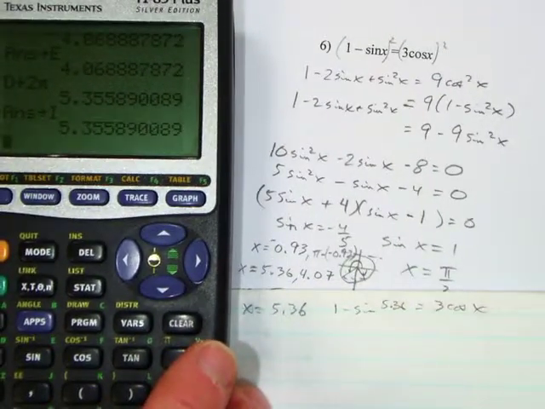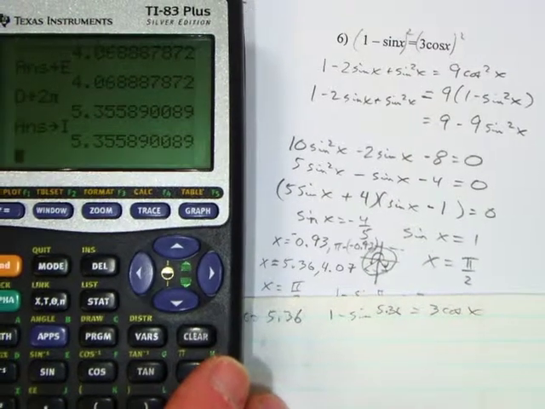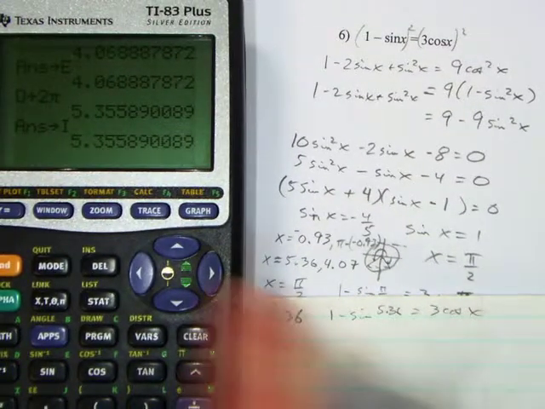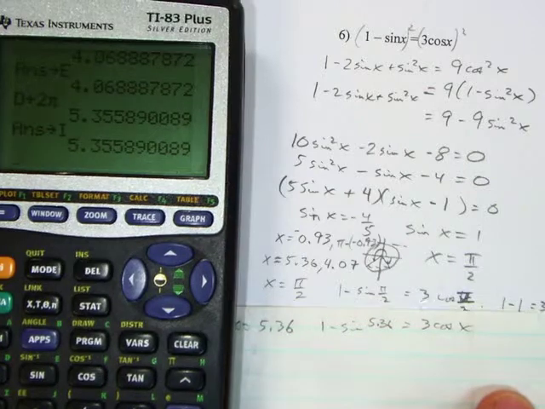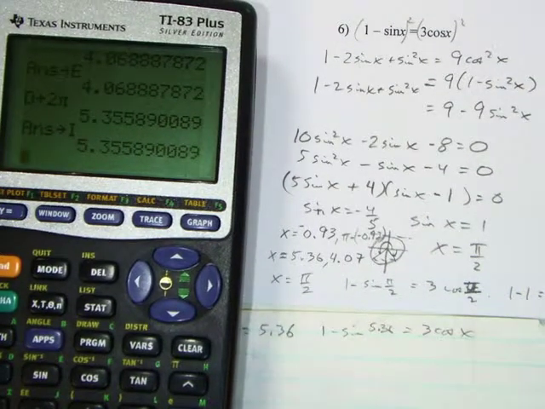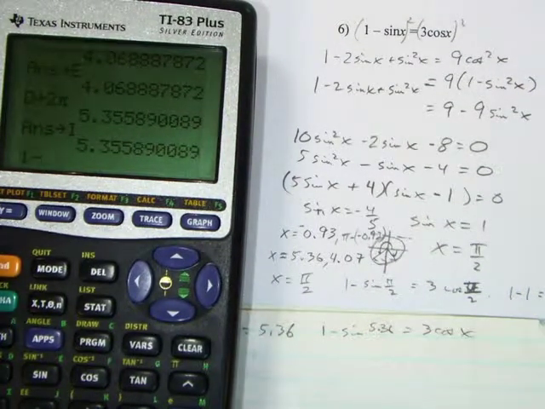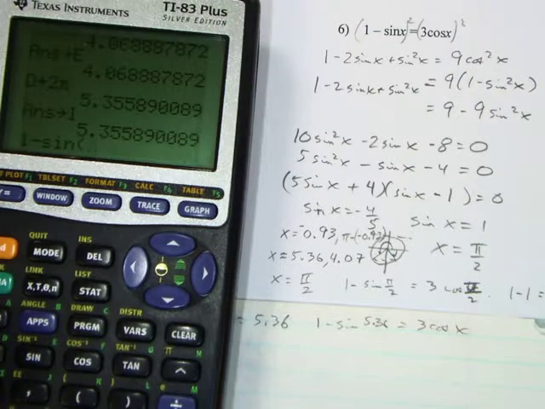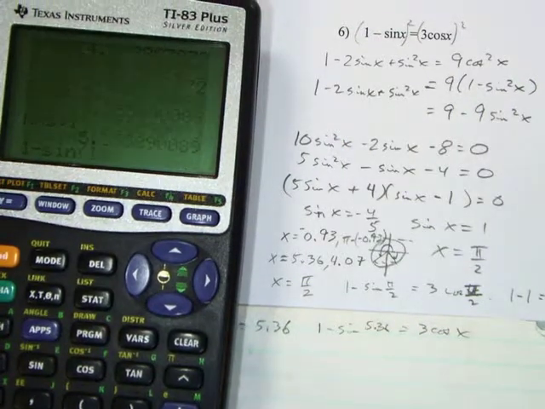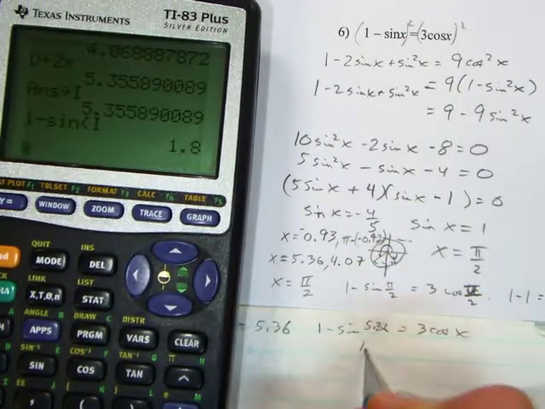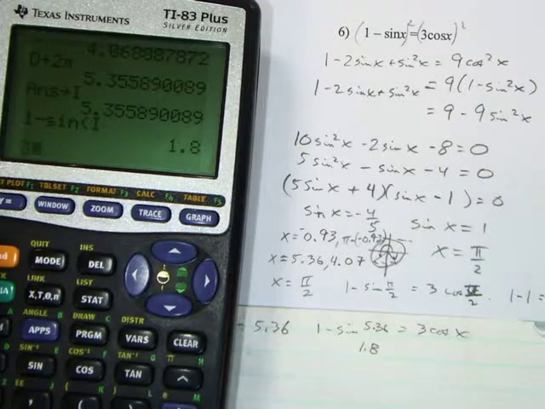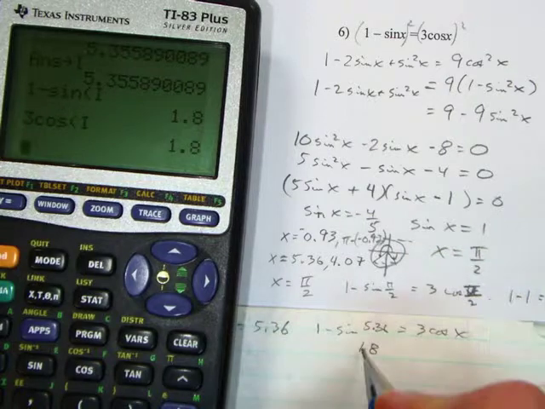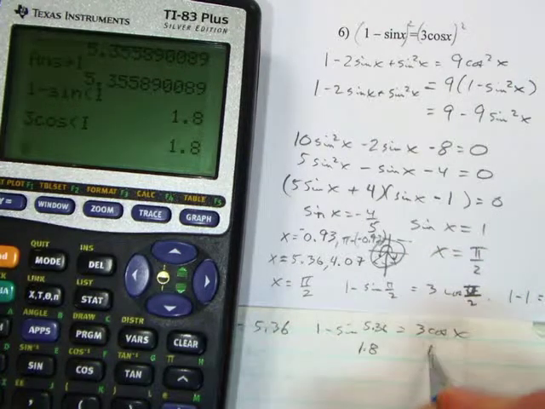So I could use answer, or I could use I. 1 minus sine of alpha I gives me 1.8. 3 times the cosine of alpha I gives me 1.8. That checks out.